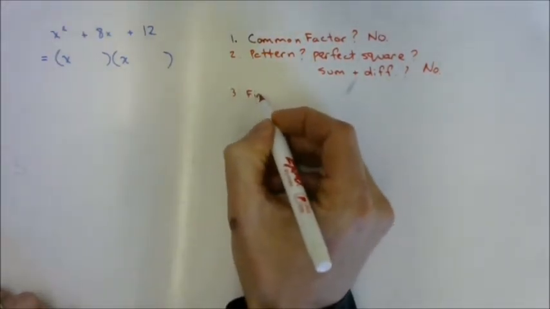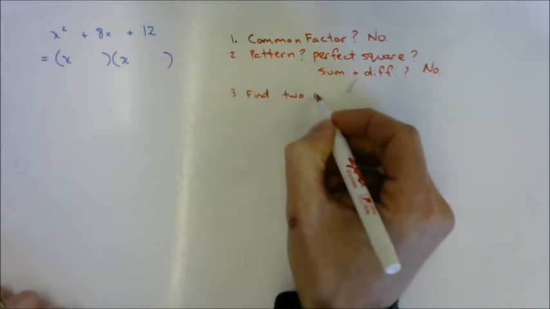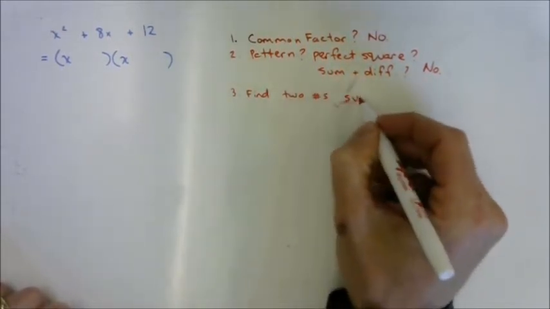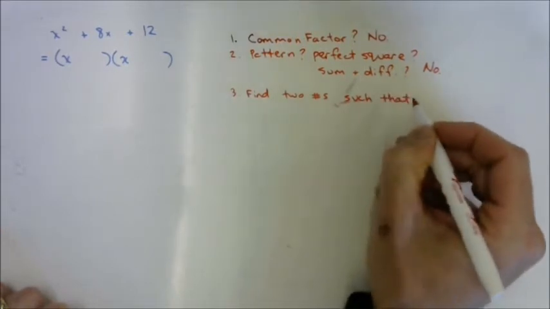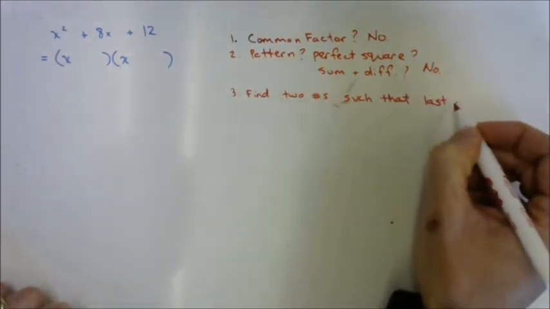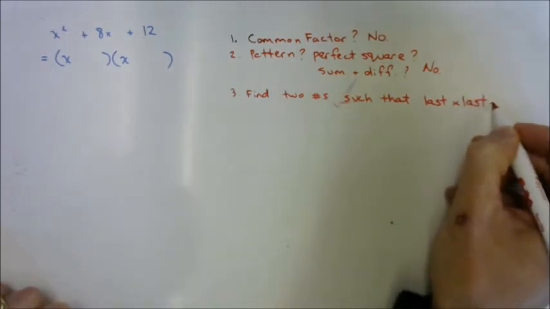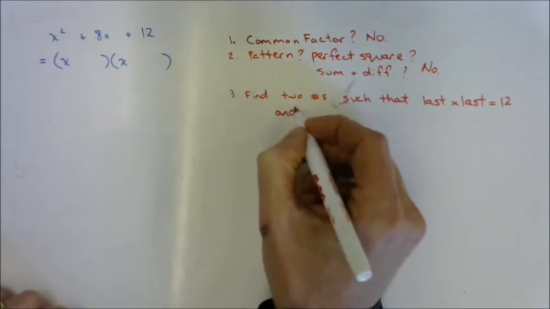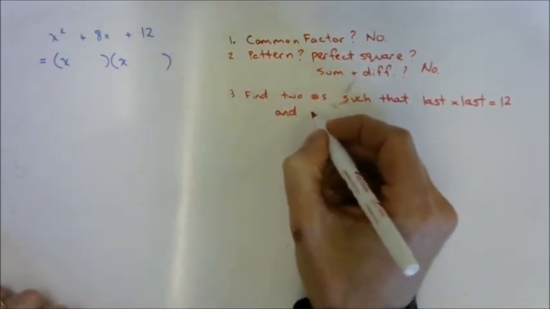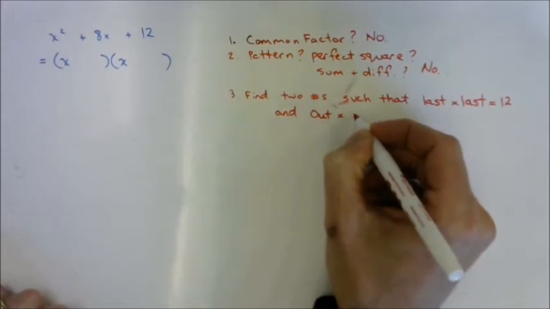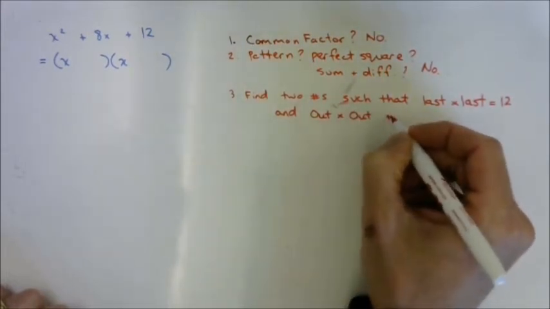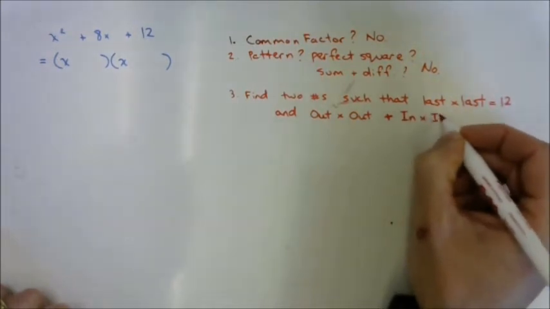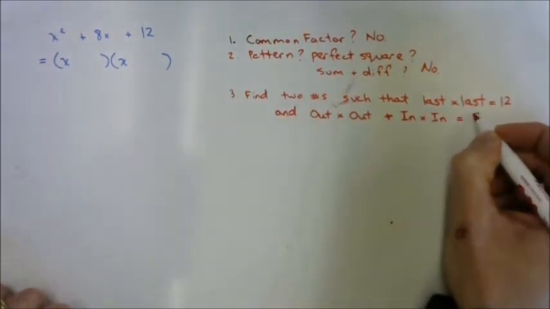We are going to find 2 numbers such that last times last equals 12, and outside times outside plus inside times inside equals 8x.